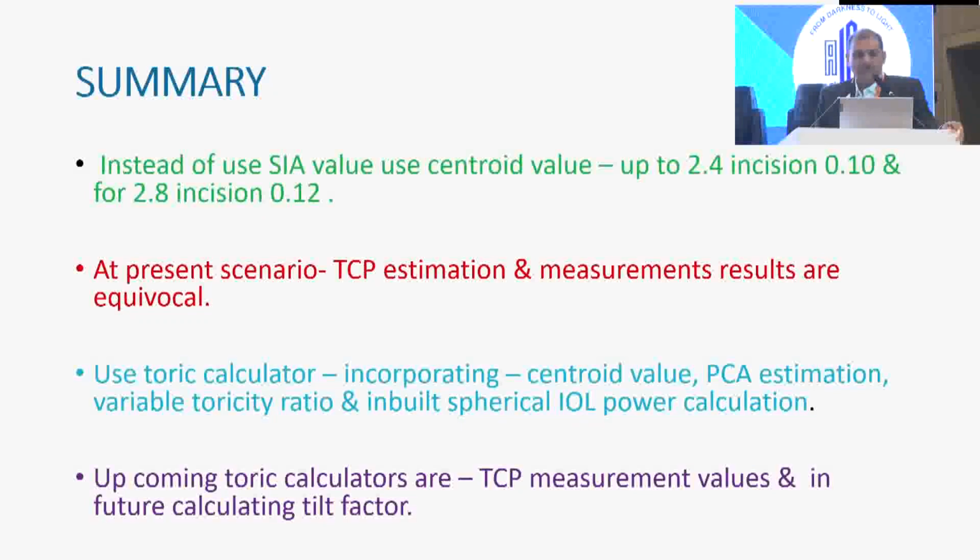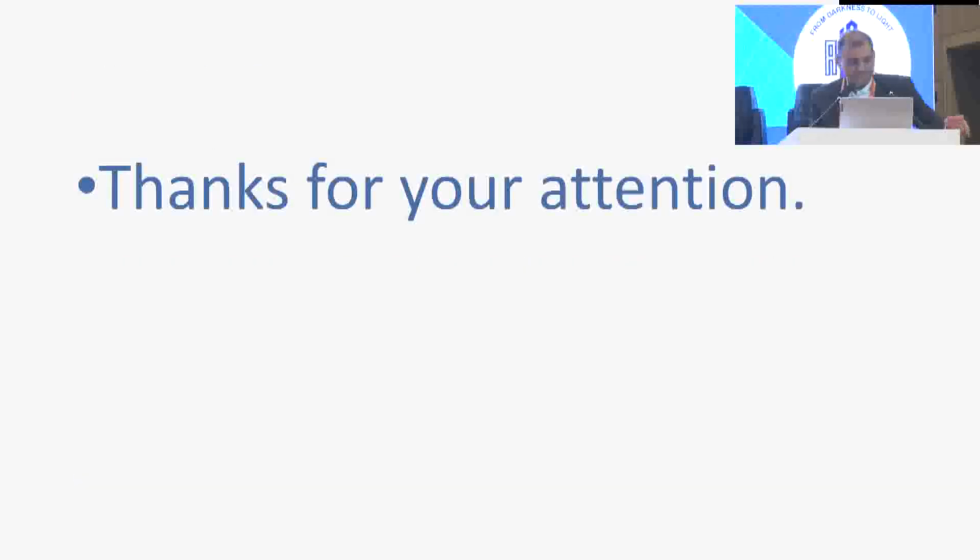Our upcoming Toric calculators use TCP measurement values, and in future will calculate tilt factor; Panacea has already incorporated Toric tilt factor calculations. So incoming Toric calculators will have a calculation of tilt factor. Thanks for your attention.